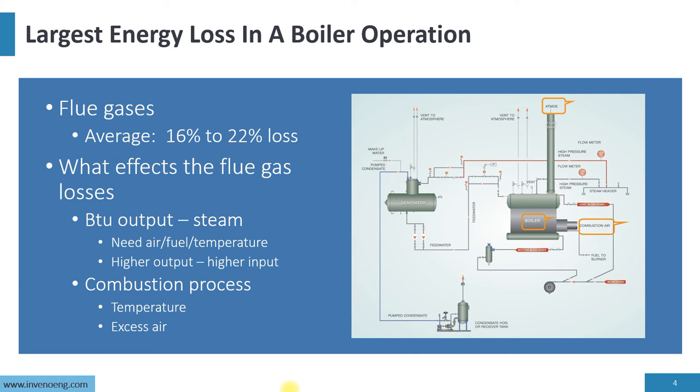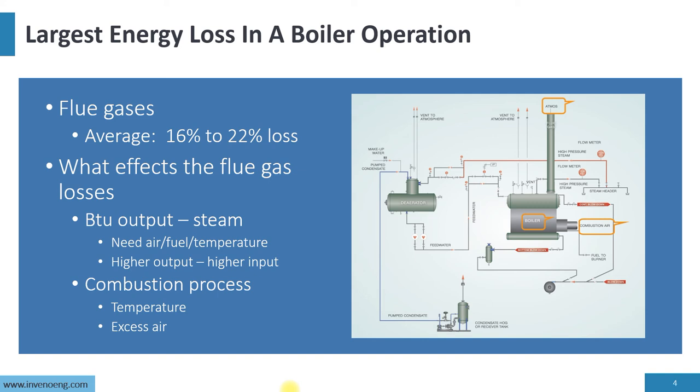Flue gases on average, as I was saying, 16 to 22% loss. What affects the flue gas losses? BTU output, steam. If I need more steam out in the plant, I need more BTU input coming into it, and need the air-fuel temperature relationship.